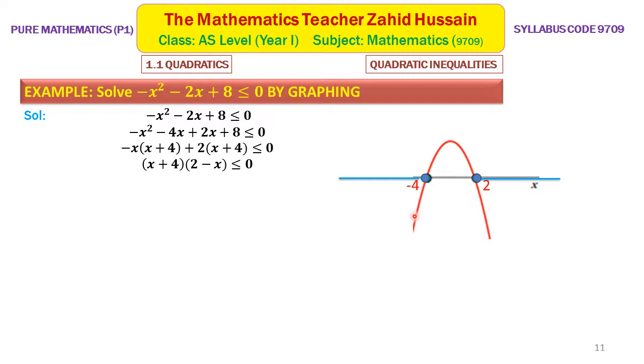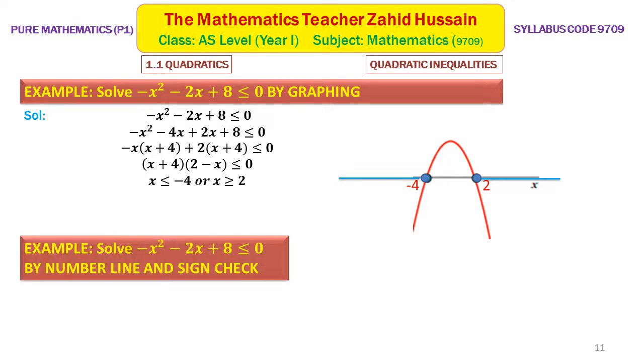So the range of values of x are from x is equal to 2 to positive infinity, and x is equal to -4 to negative infinity. The solution of the inequality is all the values of x which are less than or equal to -4, because the equality sign is included in the inequality, and x is greater than or equal to 2.